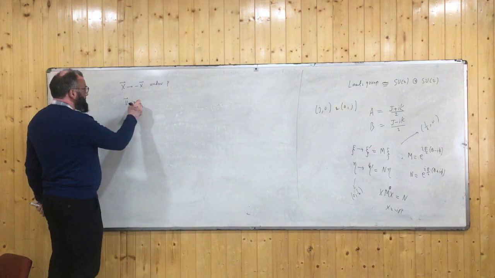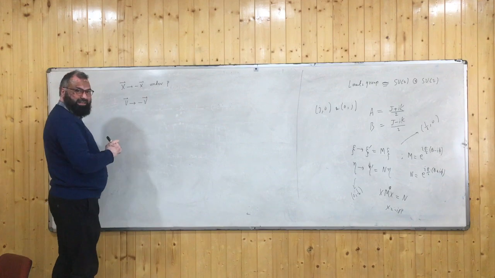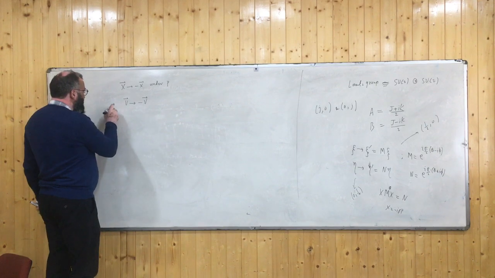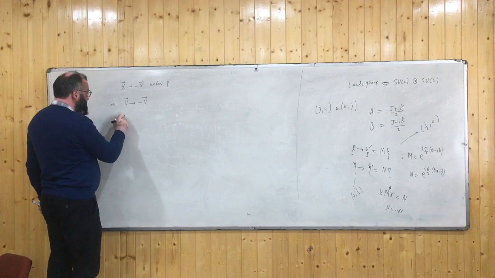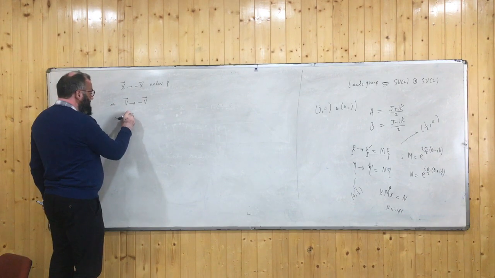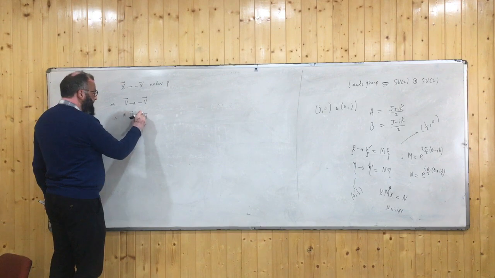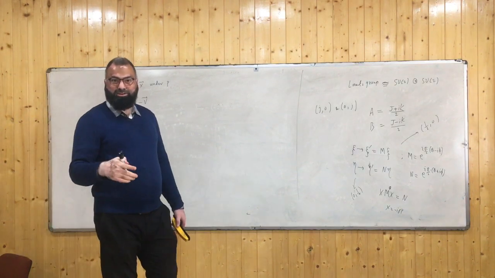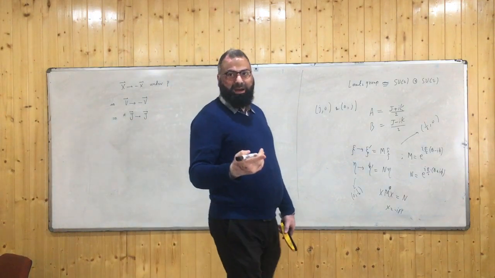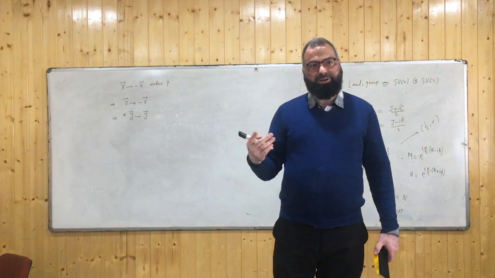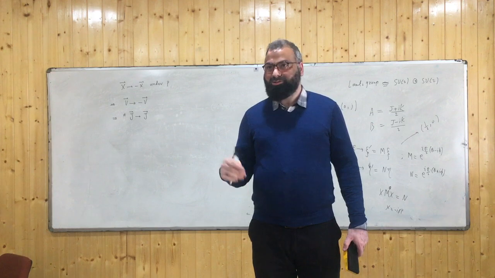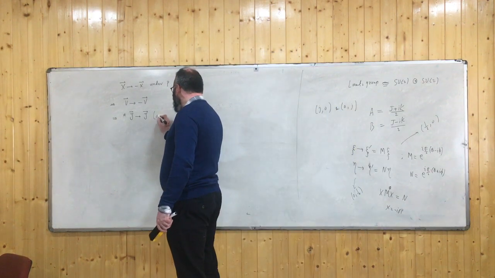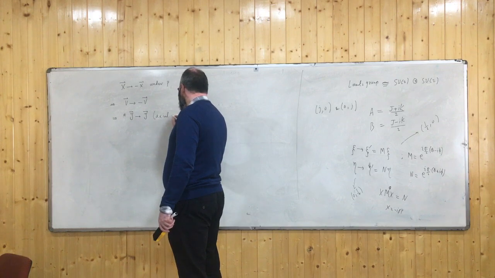So it will change sign under parity. Clear? Now what will happen to the angular momentum? The J will remain unchanged, because J is r cross p. So r goes to minus r, p goes to minus p. Okay? So that means J is unchanged, and we call this an axial or pseudo vector.